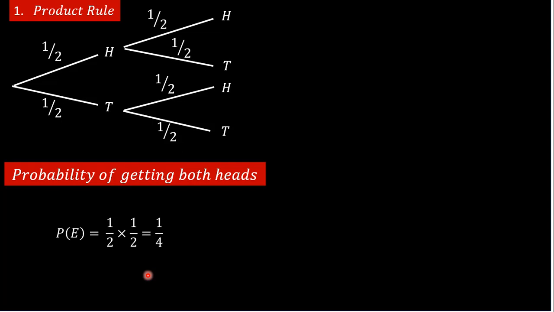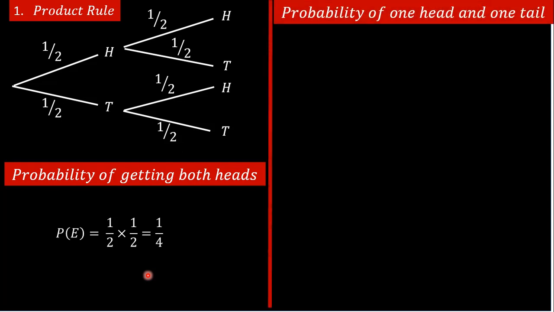Students, there is another rule in probability, and that is the addition rule. For example, if you are asked to find the probability of getting one head and one tail in the same situation, that is, the head on one of the coins and tail on the second coin, there are 2 different branches that are satisfying this condition.